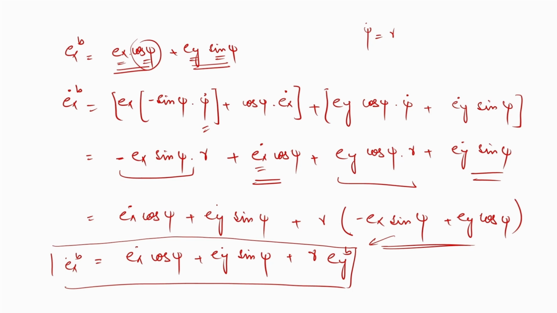Now the question is, how do we solve for ex dot and ey dot? We can simply take the derivative. We know that ex dot is equal to x dot minus x desired dot. If you recall, we had ex equal to x minus x desired and ey equal to y minus y desired.